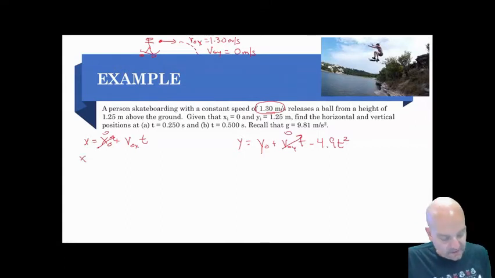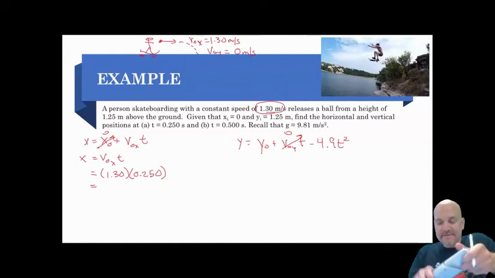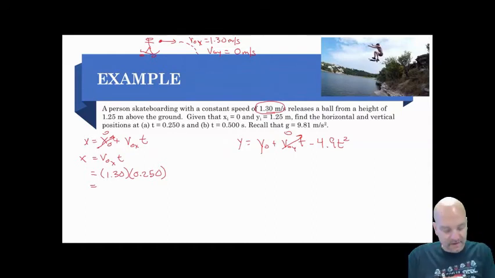Okay, and so I'm going to say x equals v0x t. And so for part A, the horizontal will be 1.30 times 0.250. Okay, and that's going to give me an x position, right? Because we're only looking at the x for this one. 1.3 times 0.250 is 0.325 meters.